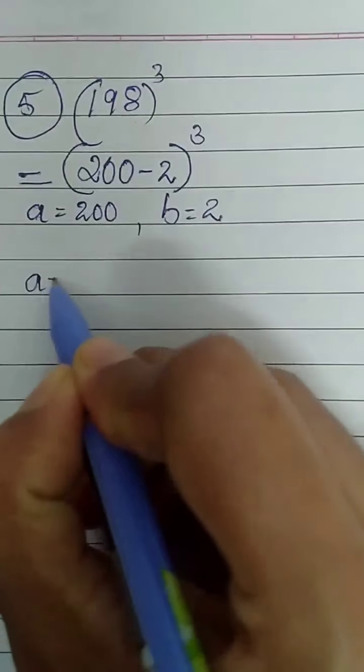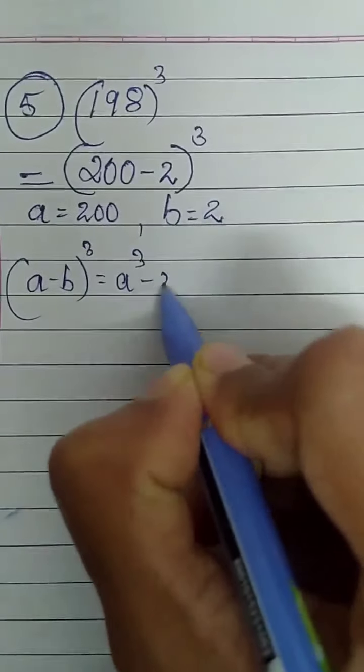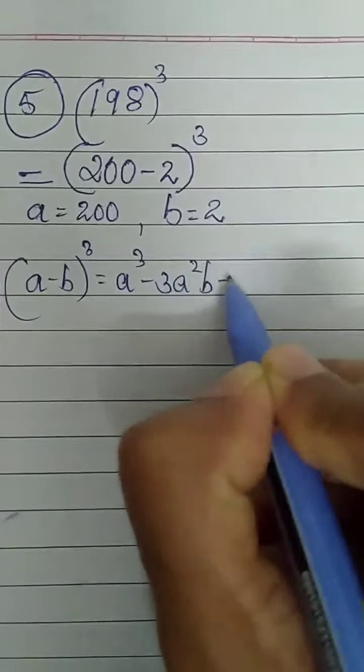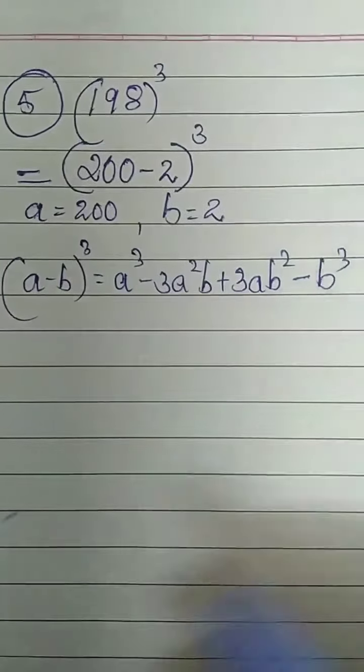Apply the formula. A minus B the whole cube is equal to A cube minus 3A square B plus 3AB square minus B cube. Okay.